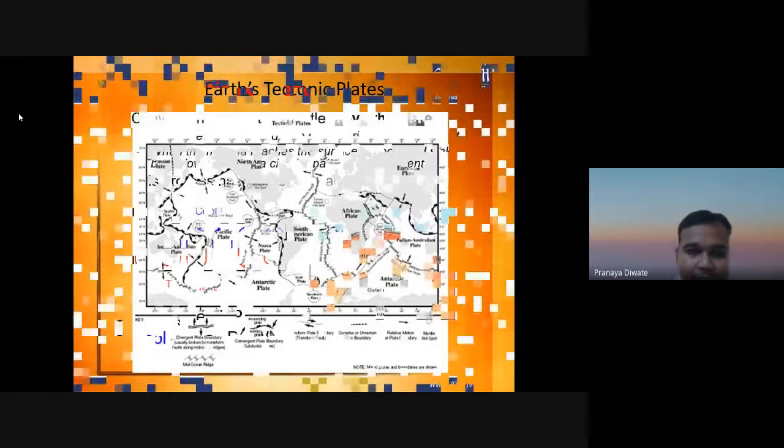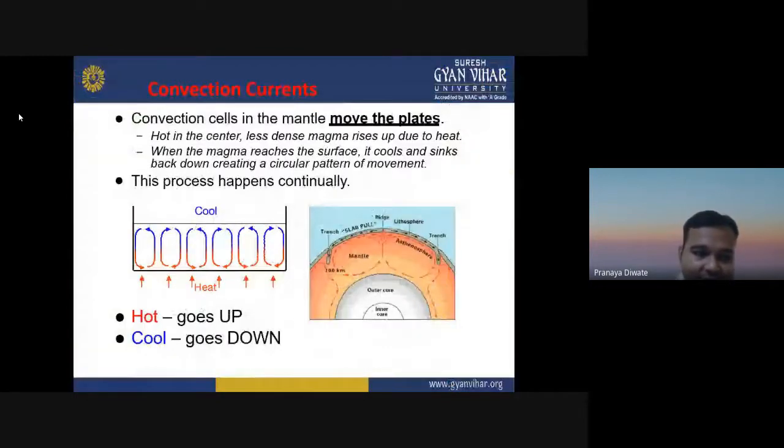Then we have convection currents. What is a convection current? When there is heat in the center, the magma is hot and goes up. When the magma reaches the surface, it cools and sinks back down, creating a circular pattern and movement.